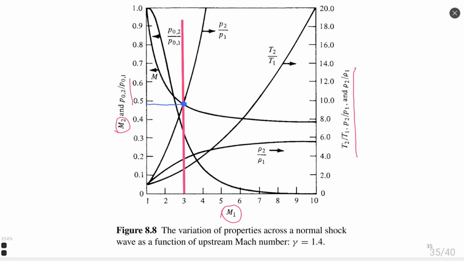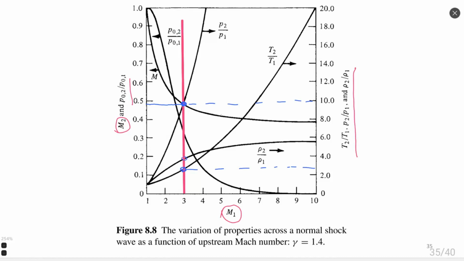It also crosses the pressure ratio, but we need to look in the other direction. More or less like a 10 times change when we have a normal shock wave and Mach 3 before the shock wave. Then we can see temperature change at this point here, between 2 and 3, somewhere closer to 3 probably, a 3 times increase of temperature.